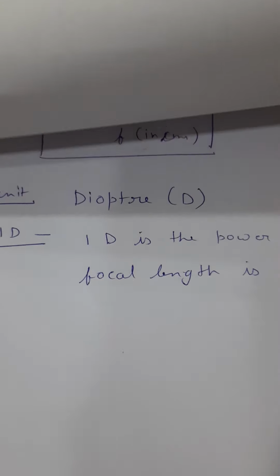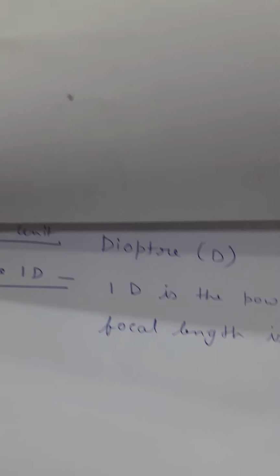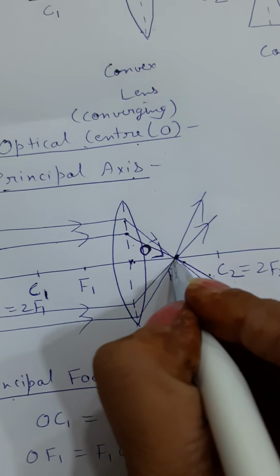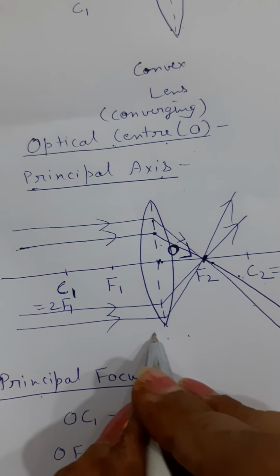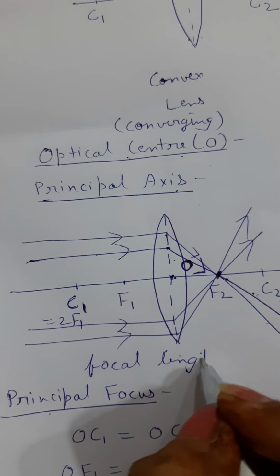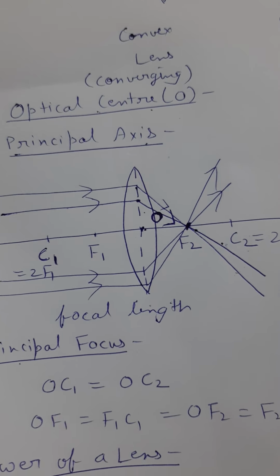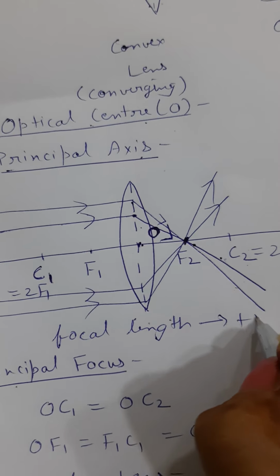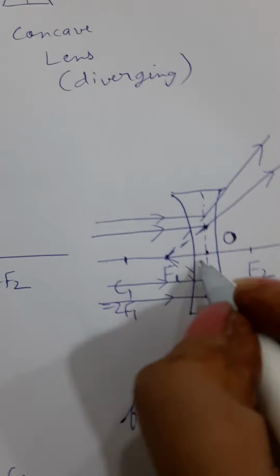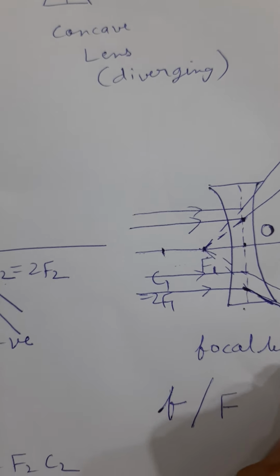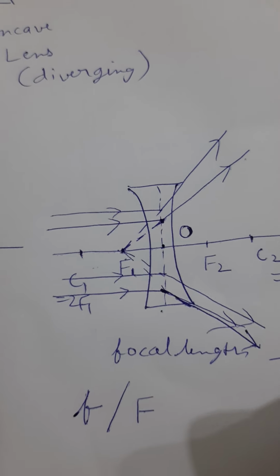Now once again, see this one. The focus is lying over there. So if I talk about the focal length of a convex lens, it is on the right side according to the sign convention that we used for mirrors, so it will always be with a positive sign. And for a concave lens it is on the left side, so its focal length will always be with a negative sign.